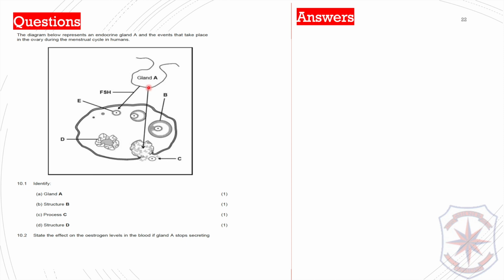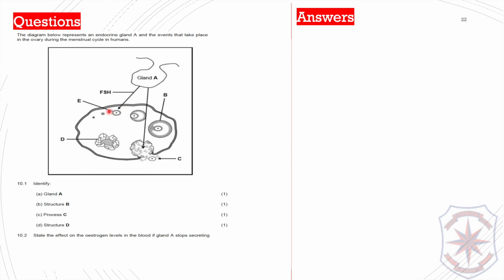So the hormone that is secreted by gland A, the first hormone is given. It is FSH, and it acts on structure E. Which hormone by the pituitary gland acts on structure E is FSH.